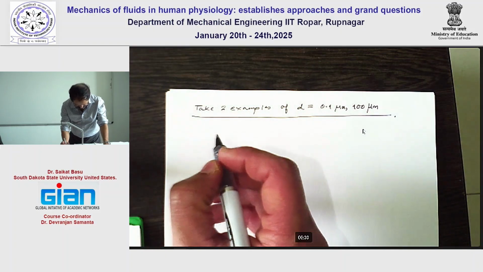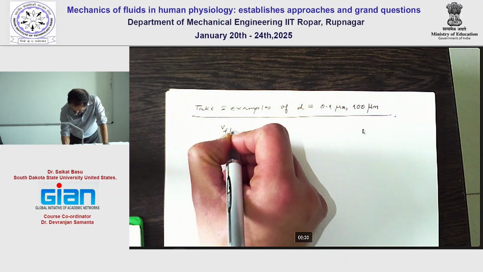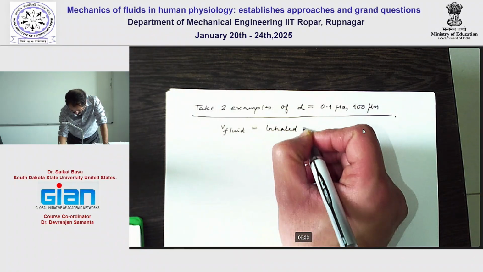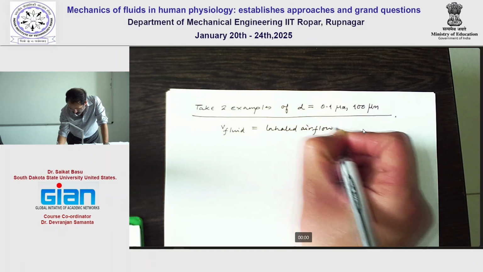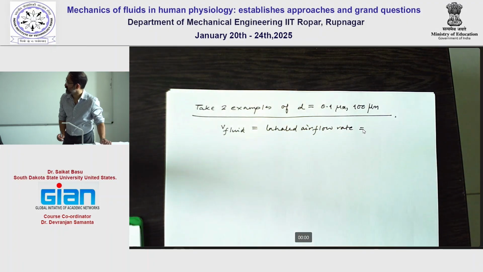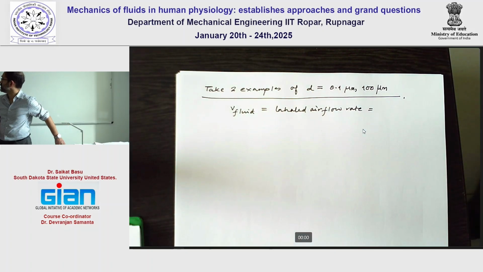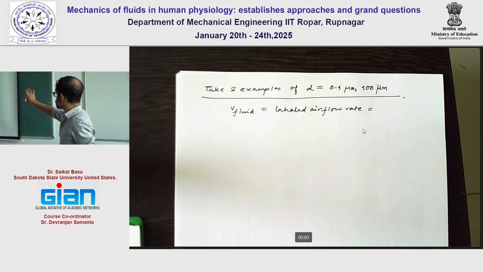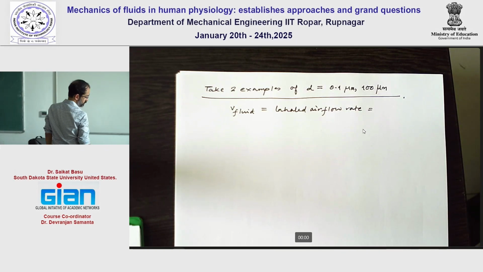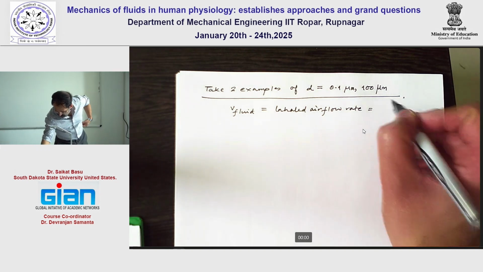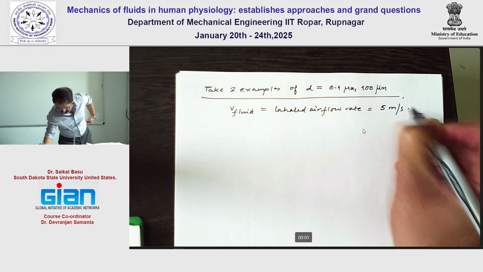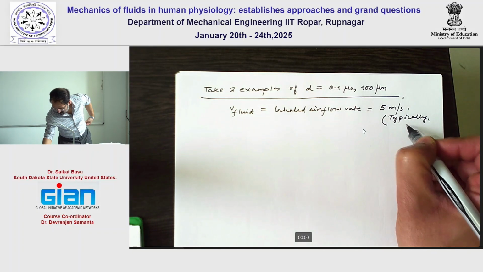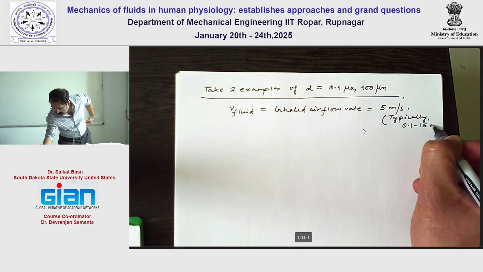So the V fluid, which is the inhaled airflow, by the way, Sunny also used a different symbol for the V fluid, it was U in his formulation. So now I'm trying to set up the problem statement that we're going to solve. V fluid, let's assume it to be 5 meters per second. Typically, this value is between 0.1 to 15 meters per second.